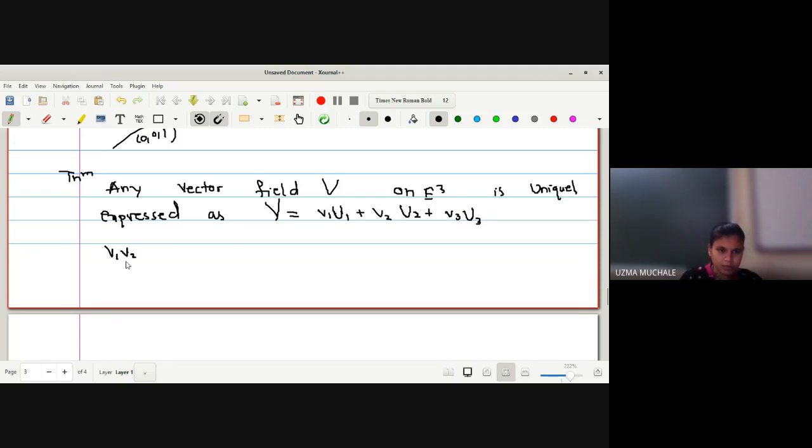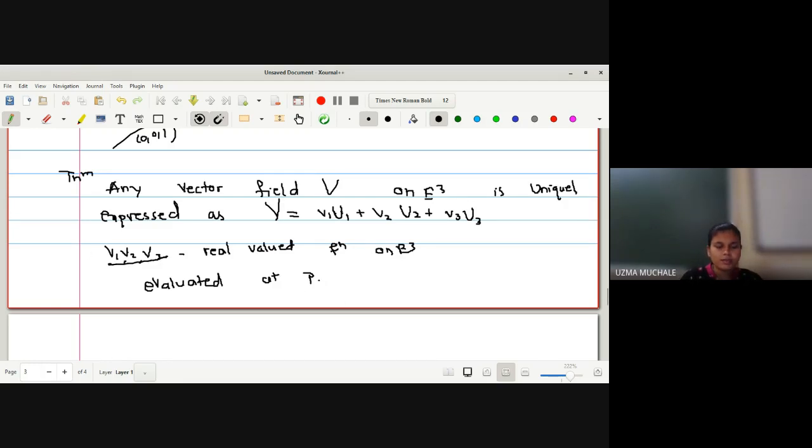V1, V2, V3 are real valued functions on E3 evaluated at a point P of the E3 space. Or rather you can say V1, V2, V3 are the natural coordinate functions.